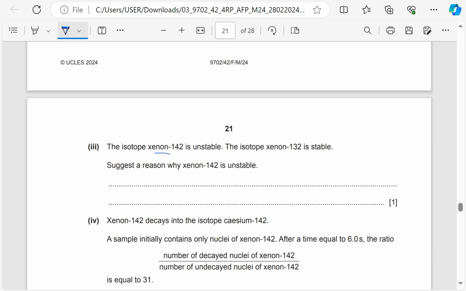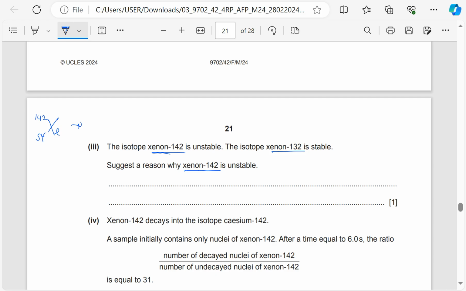The isotope xenon-142 is unstable. The isotope xenon-132 is stable. Suggest a reason why xenon-142 is unstable. Let's check the neutron to proton ratio of these ones. If I check Xe-142, the proton number was 54.